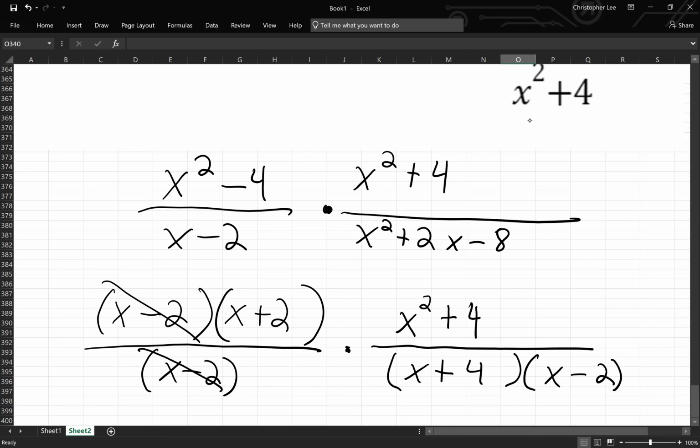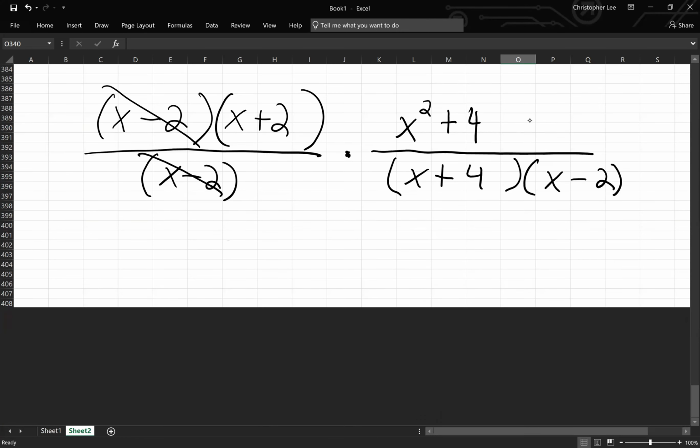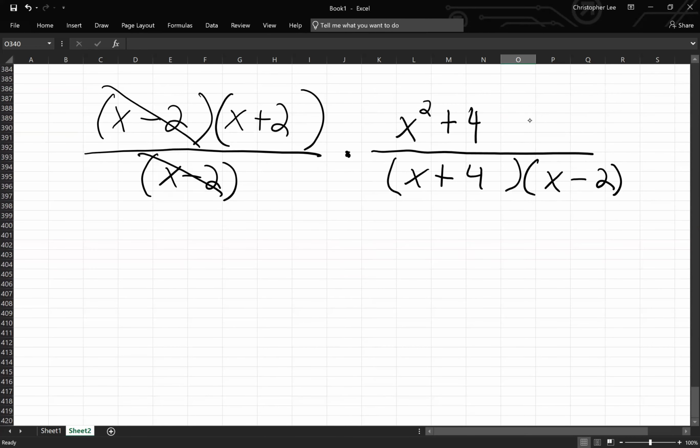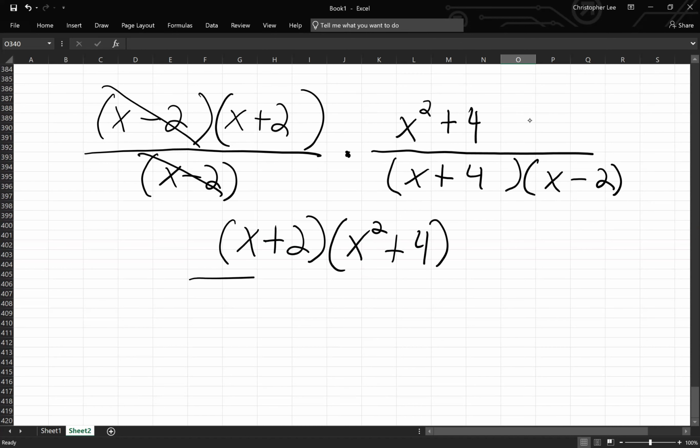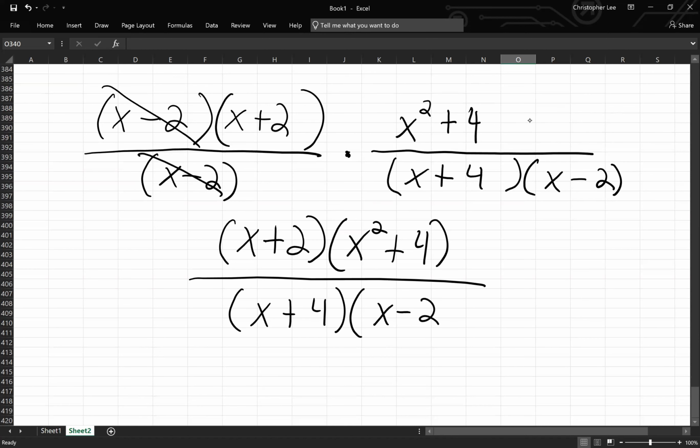Remember, the two numbers that multiply to -8 and add up to +2. So that means that the bigger number has to be positive. Yeah. So put it all together, that's what you get. X plus 2 times x squared. Right? And that's it.